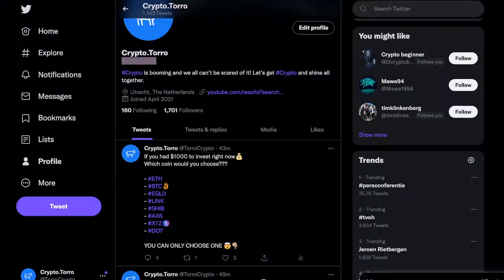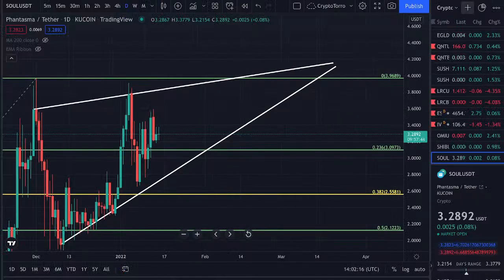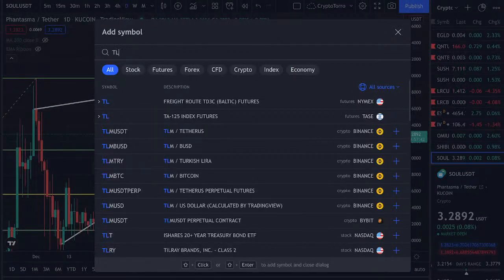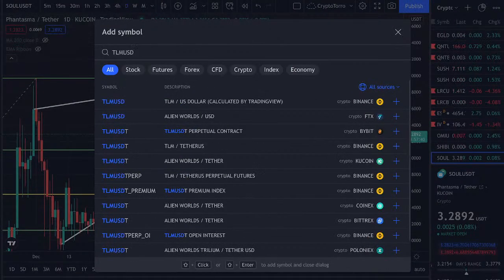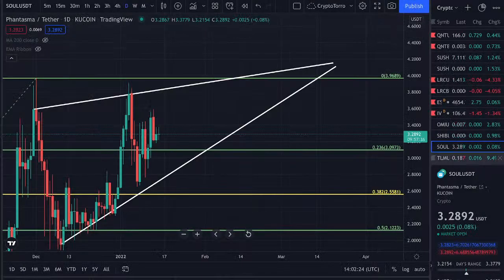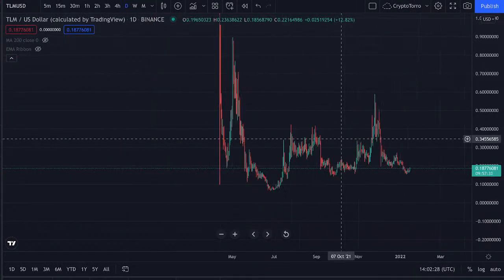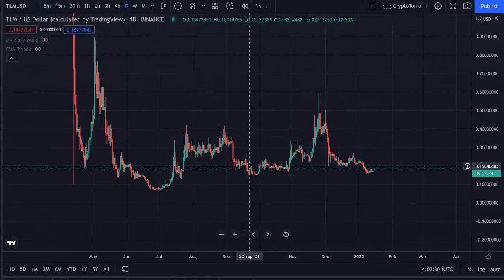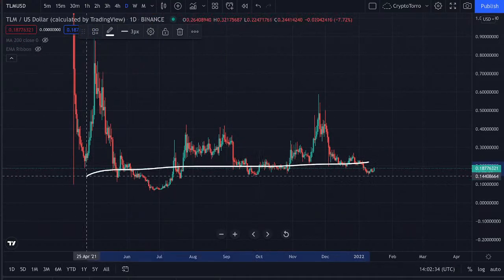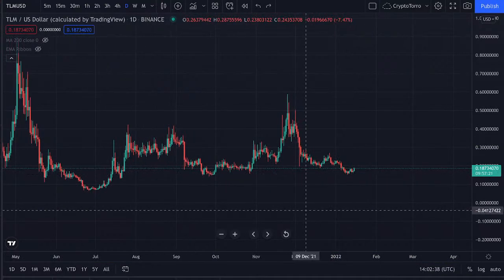So yeah, let's take a quick look at the TLM chart as well. Getting started with the TLM USD, and they have a TradingView calculated chart, so those are most of the times very good. And what you can see is that we are actually trading at one of the lowest prices we have been. So that is absolutely something I think is very good to know.